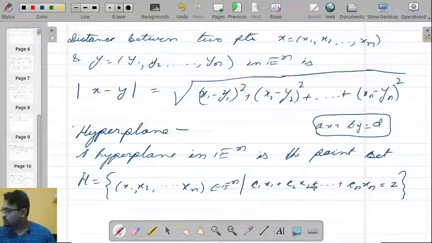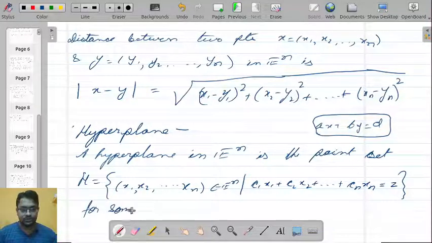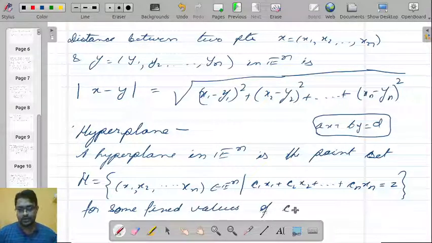That is called a hyperplane, for some fixed values of c1, c2 up to cn and z.